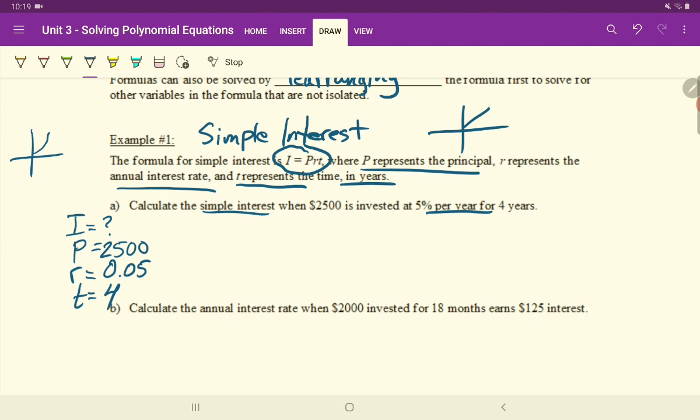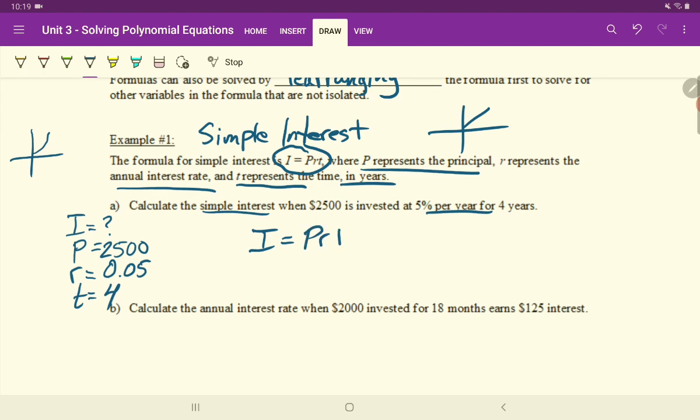Again, we don't have to multiply T by anything, because this isn't something that happens more than once a year. It only happens 4 times in those 4 years. If it were semi-annually, it would happen 8 times in those 4 years. We'd have to account for that. But here we don't need to do that. So this is about as easy as it gets.